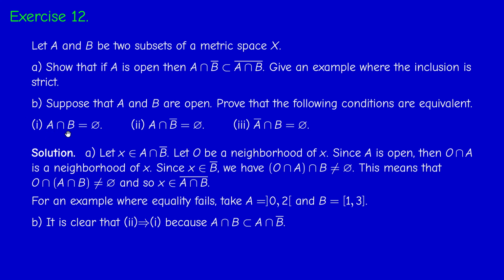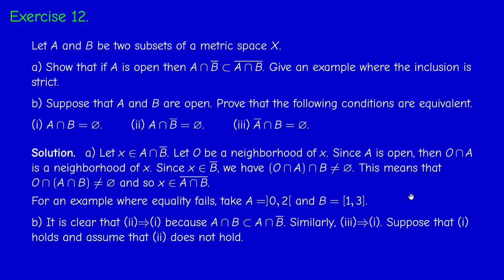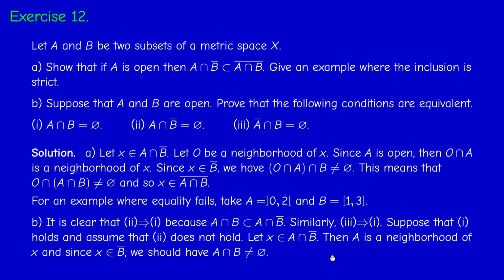So if A intersected with B is empty and both A and B are open, then we have 2 and 3. They are actually symmetric. So we reason by contradiction. Suppose that 1 holds, but 2 does not hold. So take an element in the intersection. So X is in A and X is in B bar.